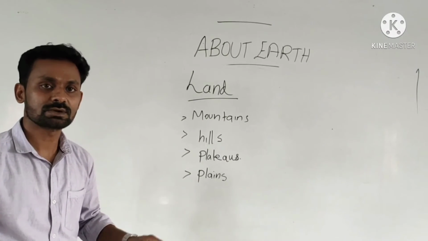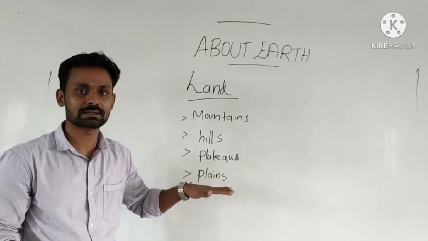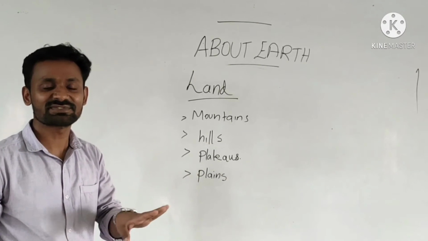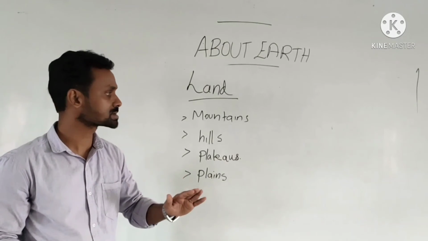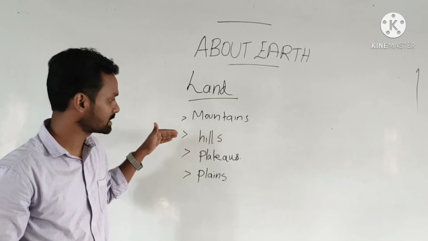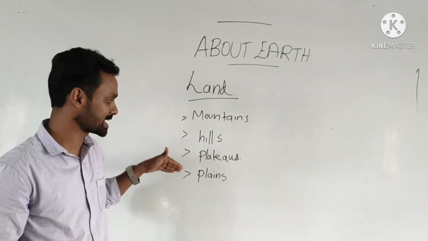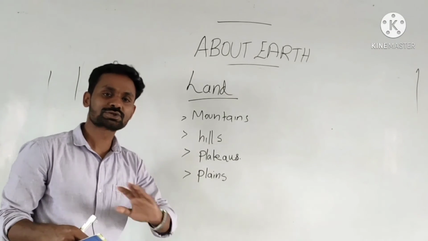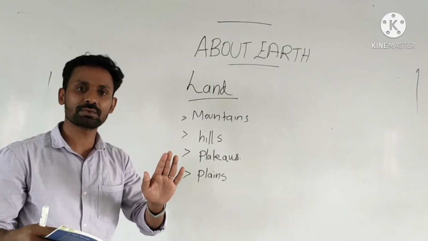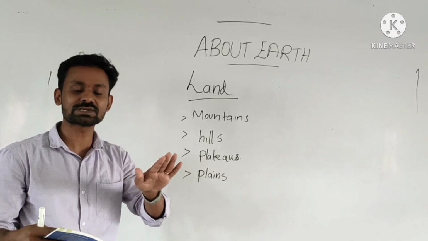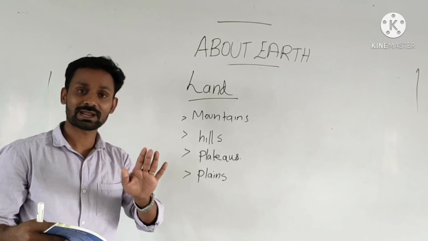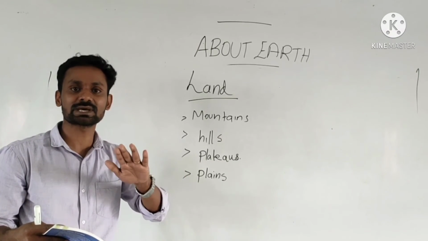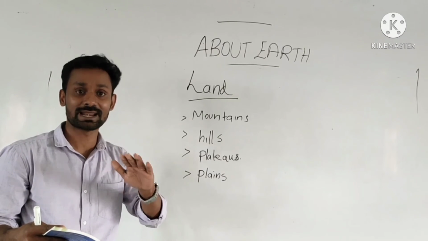Dear students, we know what is land. Land has so many features. How many features does the surface of the land have? Mountains are there, hills are there, plateaus are there, plains are there. Usually land is made up of rock, and the soil we use for cultivation and the materials for building things, where do we get them from? From land.